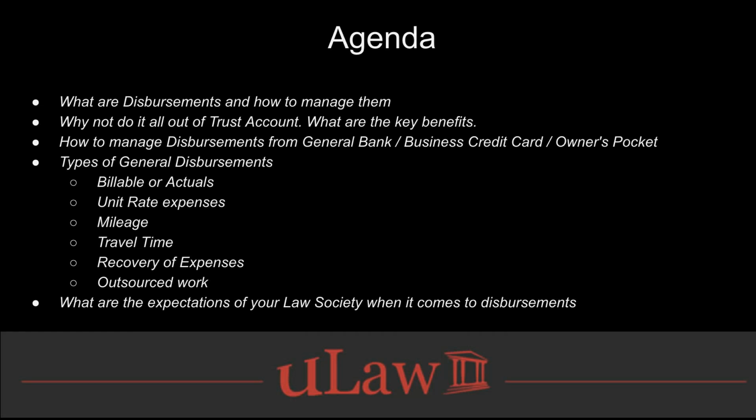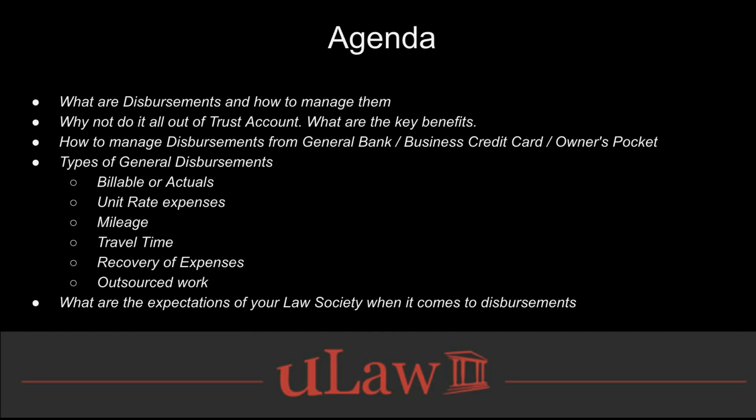In general, we all know disbursements are expenses made on behalf of the client, and how do we manage them in our books while invoicing them and recovering the expense from the client, or utilizing the money which is already in the trust account, or how do we manage disbursements from any other method of payment?